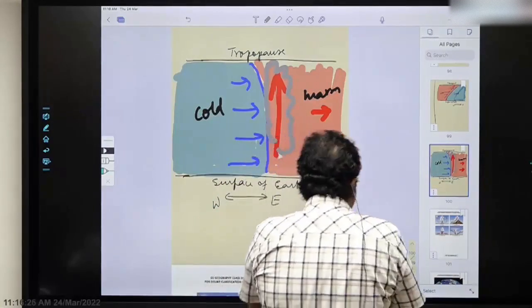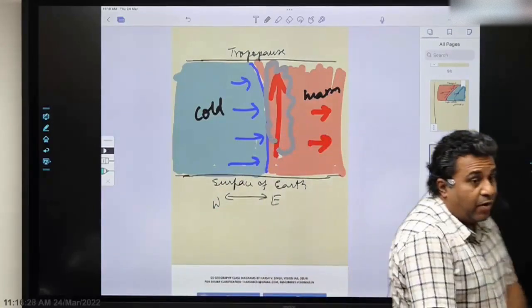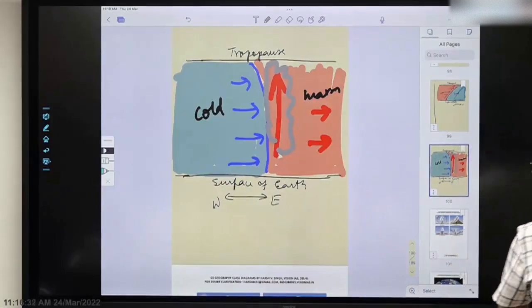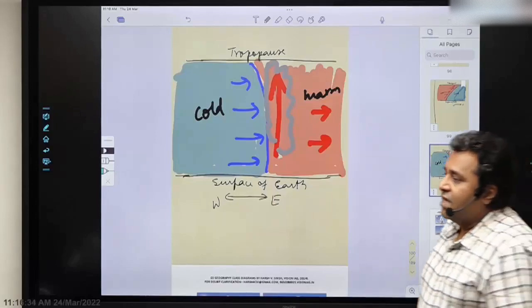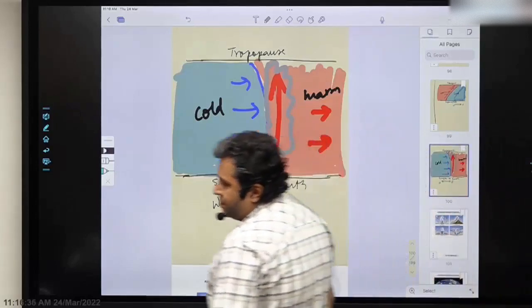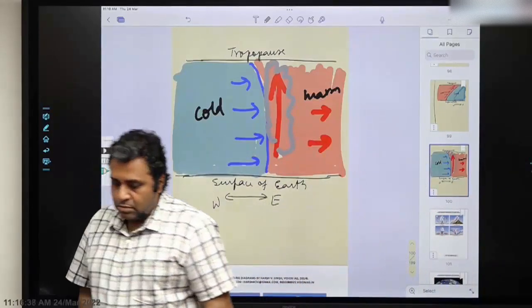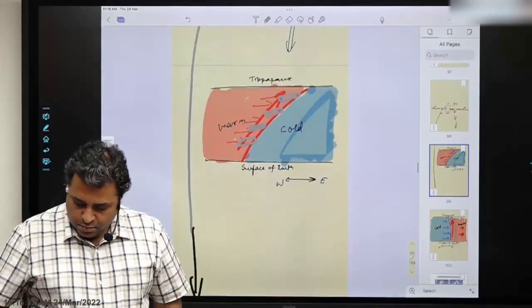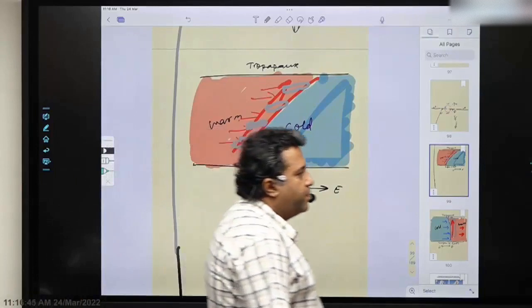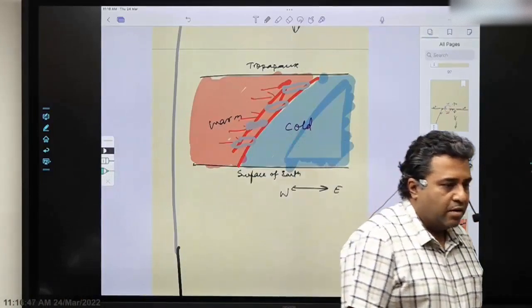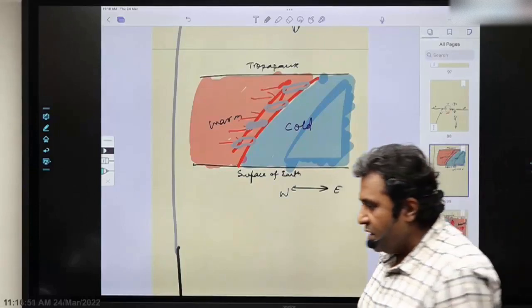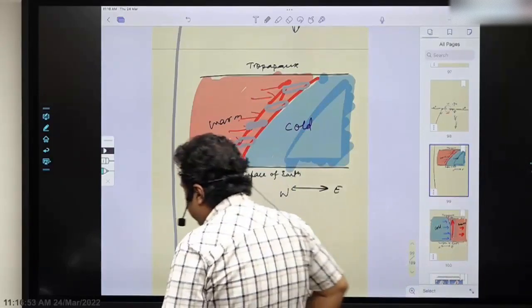So should we write? Should we write now? Okay, so let's start with the warm front wala. Right, so you can write, as we see in the warm front diagram, the lighter warm air pushes the denser cold air.